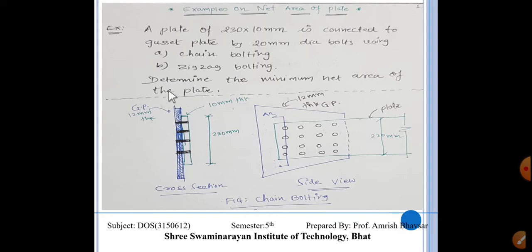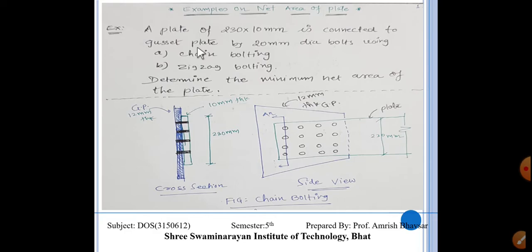Whenever this kind of situation arises, we must take into consideration whether there is chain bolting or zigzag bolting. It depends on us, but for the understanding and calculation of net area, here I have taken two cases. First is chain bolting.